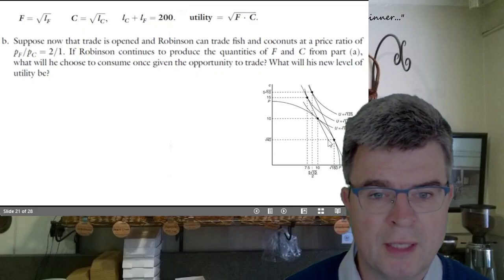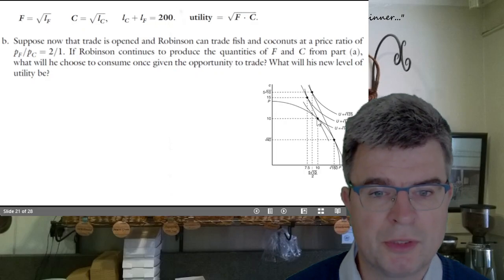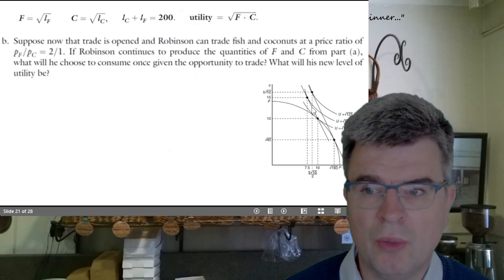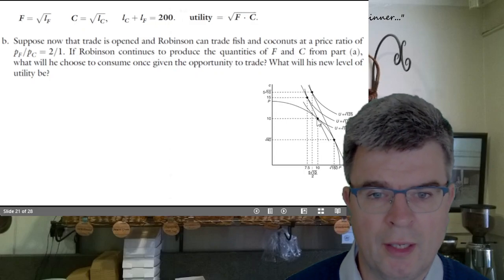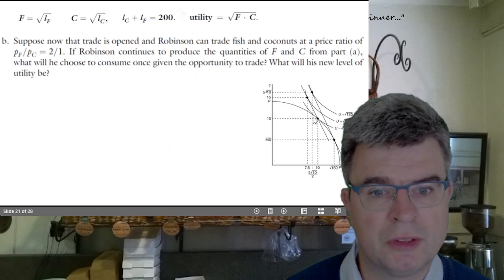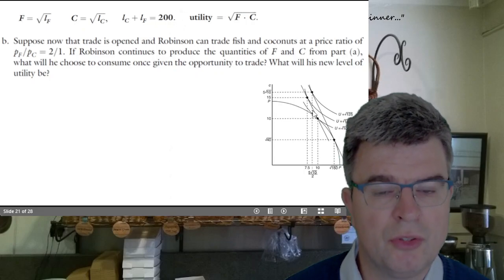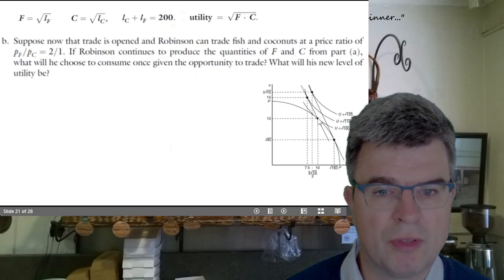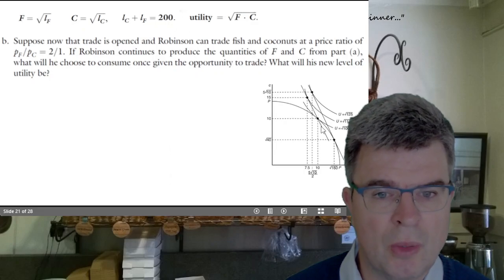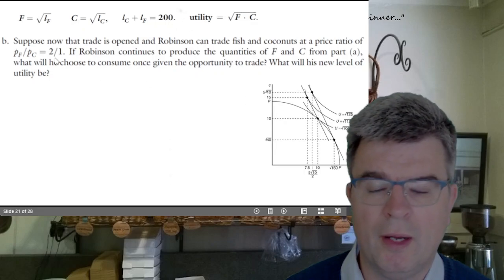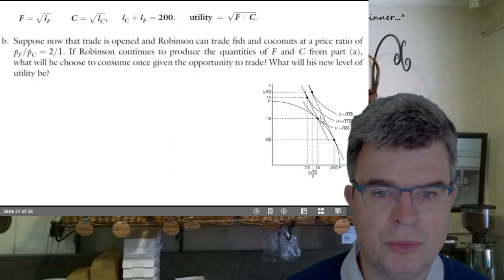That means that he can move away from this initial point over here by trading in some fish for additional coconuts. Every fish that he sells gives him the opportunity to buy 2 additional coconuts. So we have a line here with the slope equal to the negative of the price ratio of 2.